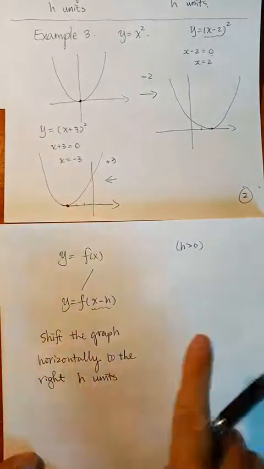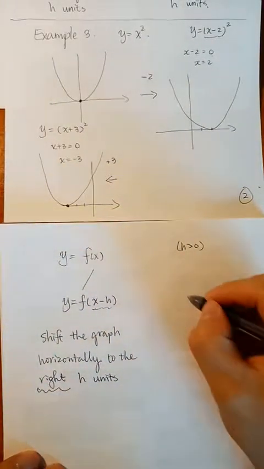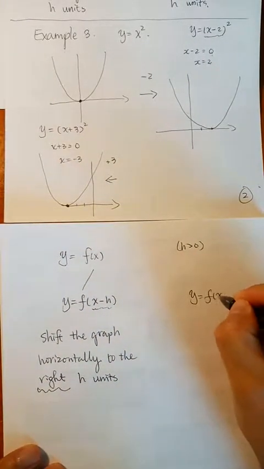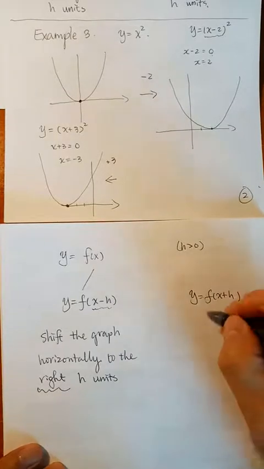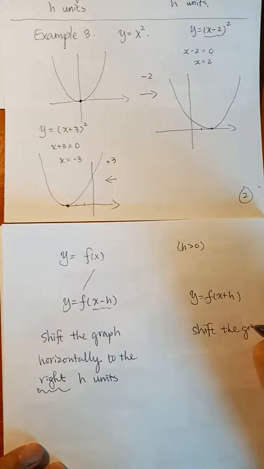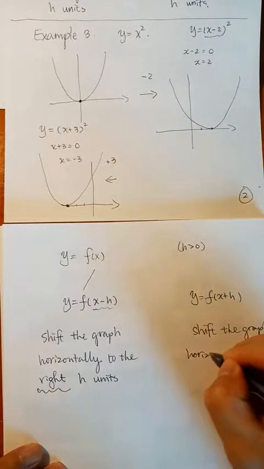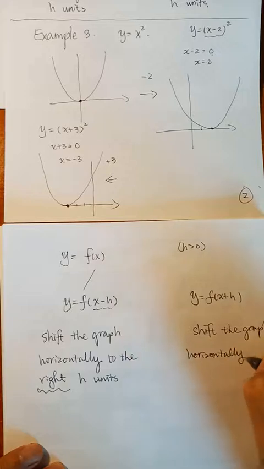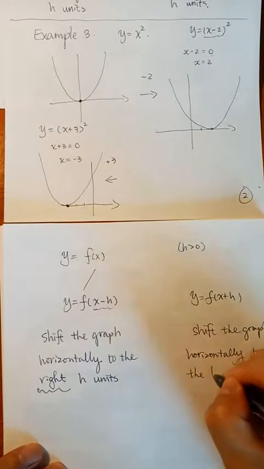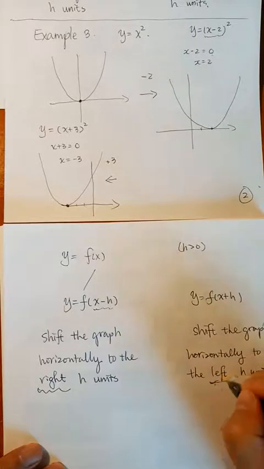h units. Minus h, to the right. And if you have f of x plus h, you add, then you shift the graph horizontally to the left h units.